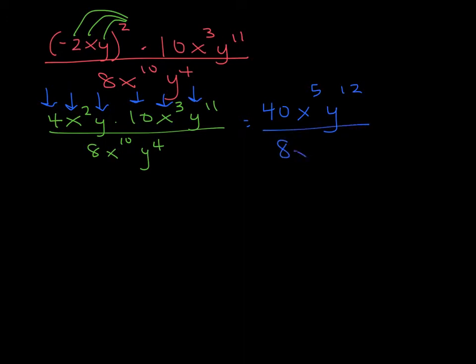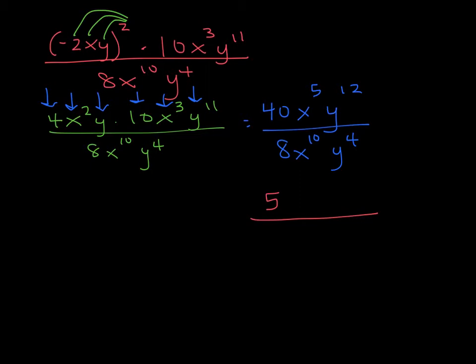I'm going to go ahead and bring my denominator over, because the last thing I need to do is use my quotient of powers property, which means I'm going to be dividing. So I divide my coefficients. 40 divided by 8 is 5. Then x to the 5th divided by x to the 10th.